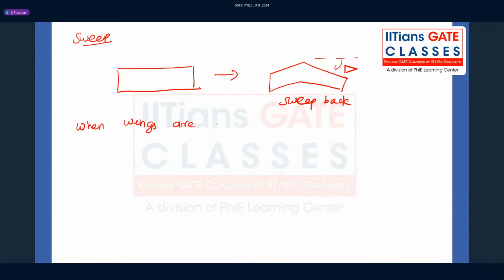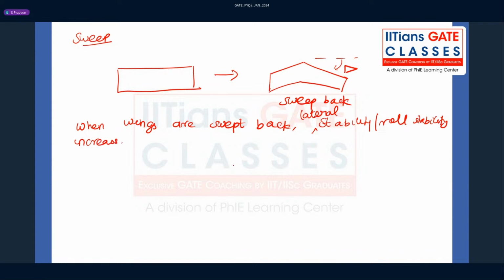When the wings are swept back, your stability improves, that is the lateral stability or the roll stability increases.